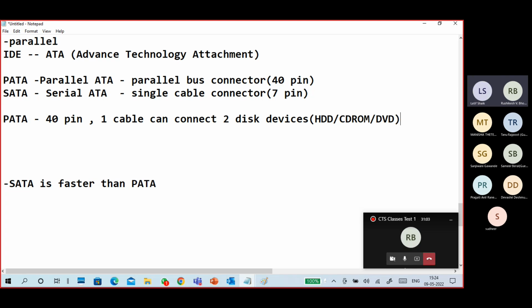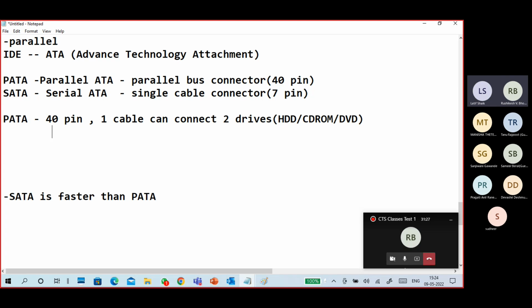You can connect any two devices. Disk devices are drive devices. You can connect two drives, either a hard disk drive, a CD-ROM drive, or a DVD drive. One cable can connect two.